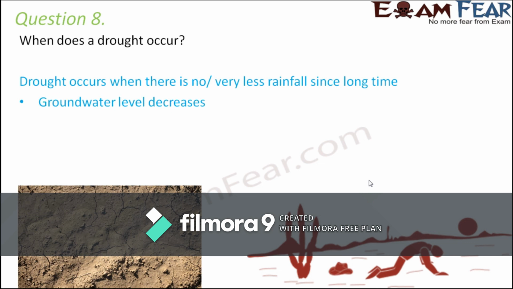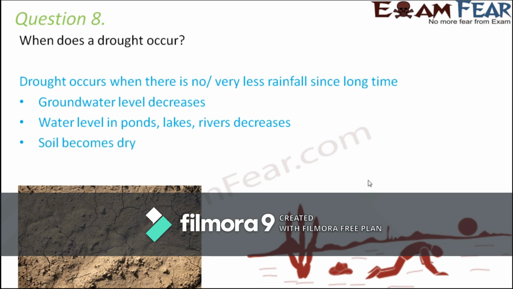Some of the very bad consequences of drought are plants start dying, agriculture is badly impacted, therefore there is no food, people start dying of hunger, and it really impacts different forms of life. The groundwater level decreases, water level in the ponds, lakes, rivers decreases. In fact, many ponds and lakes start drying up. Soil becomes dry, plants get affected. So these are some of the very negative consequences of a drought.